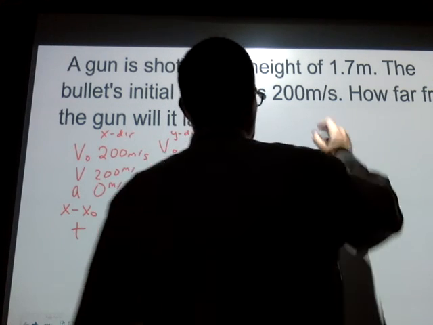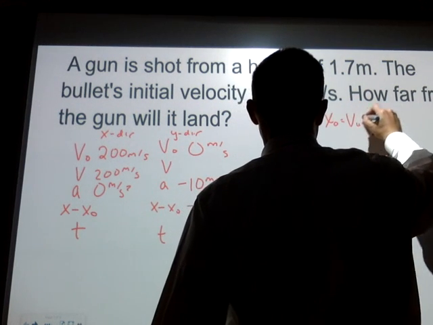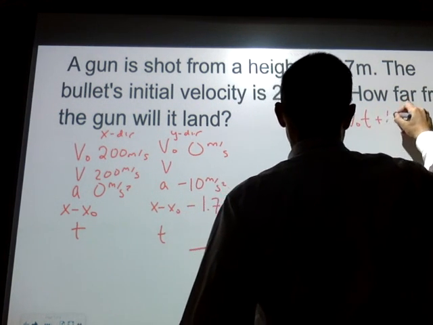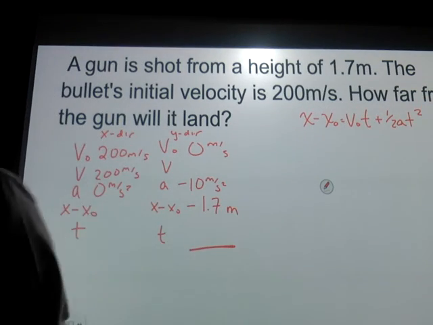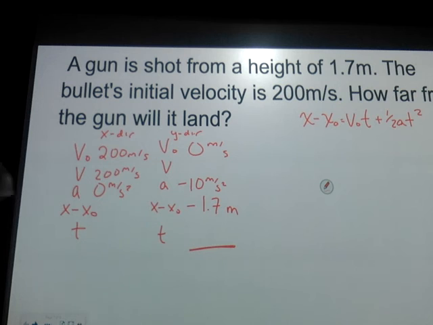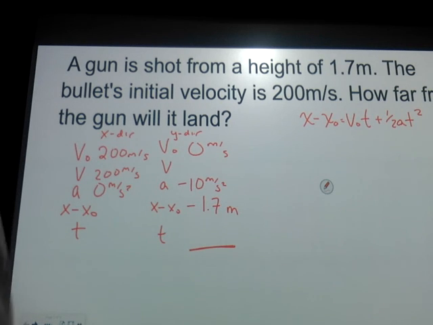So I'm going to look at my equation. X minus X naught equals V naught T plus 1/2 AT squared. Hopefully you guys can see that. It's behind the chat on this other computer.